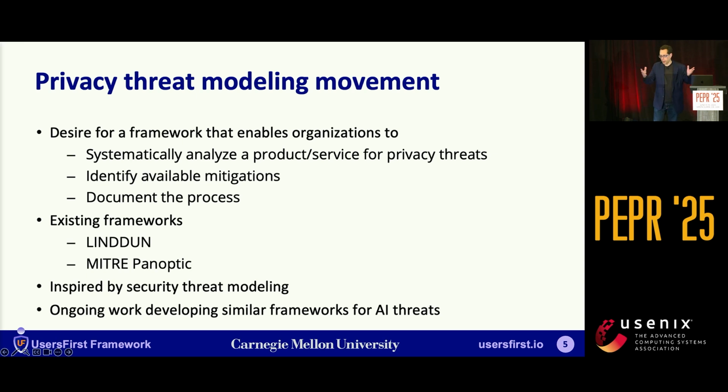And obviously, I've mentioned other frameworks, so this is part of an overall movement, not just in privacy. Obviously, AI and security are other areas where people have tried to do the same thing. And the emphasis is really on being systematic, also on documenting things, and also, in truth, on not being overly prescriptive. And that's a tricky thing when you try to design these sorts of frameworks. It's not like you want to tell people, this is wrong, this is right.